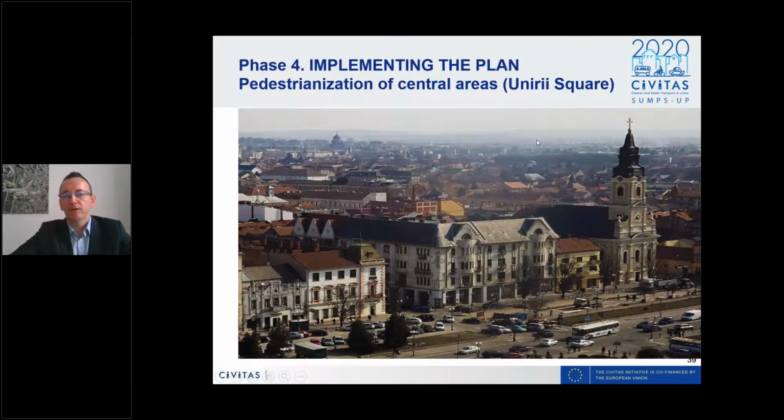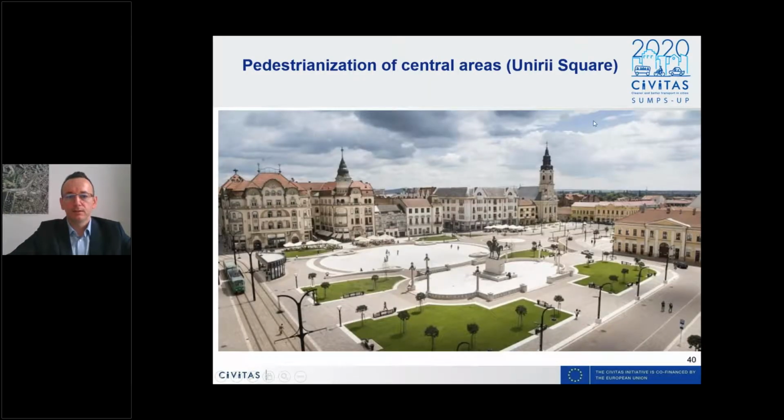Here you have the example of the pedestrianization of a central area, the main pedestrian area of the city, Unirii Square, which was pedestrianized in 2015 and 2016. You have some images regarding the investments that were made. These pictures were taken previously and after.